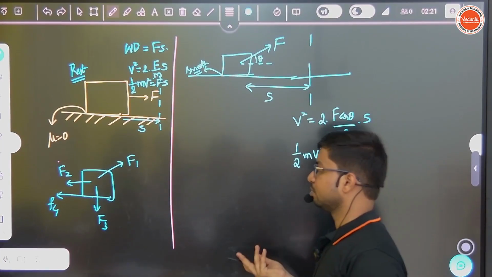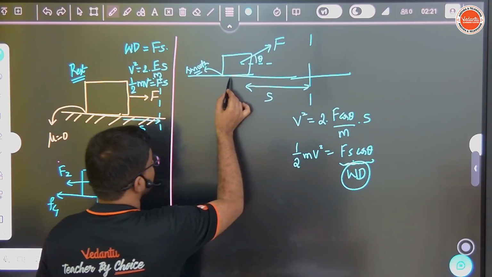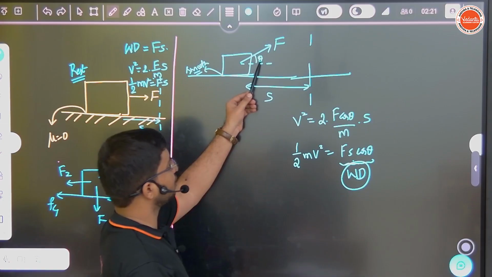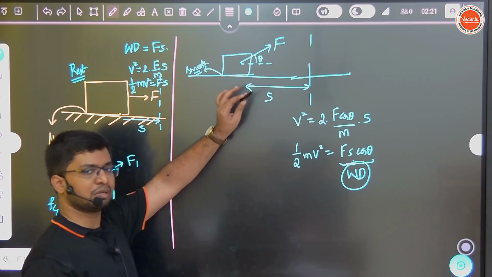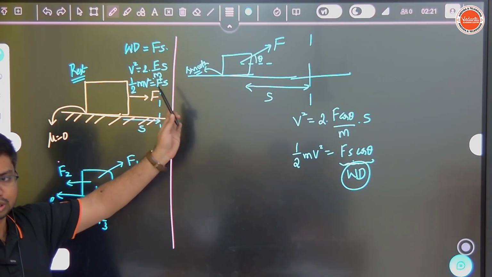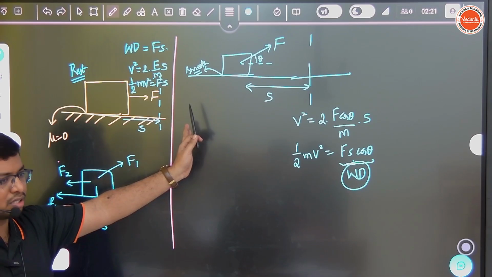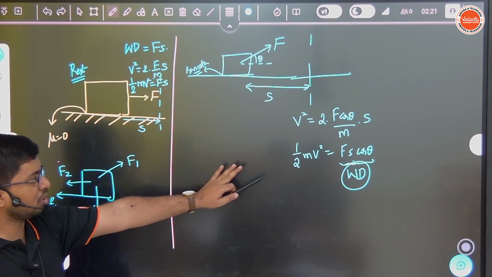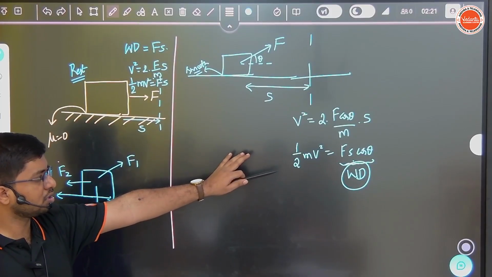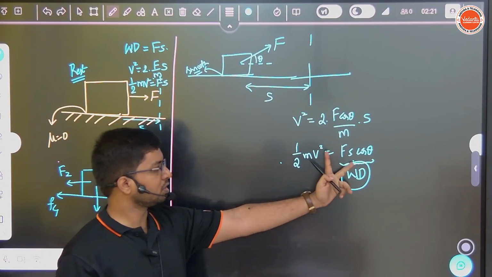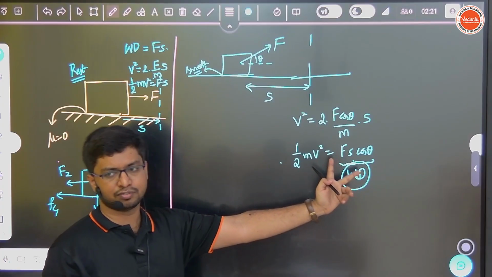Clear? That means irrespective of the angle theta, you can apply the force in any direction, and you are going to get the change in kinetic energy, which is equal to the work done by that particular force.